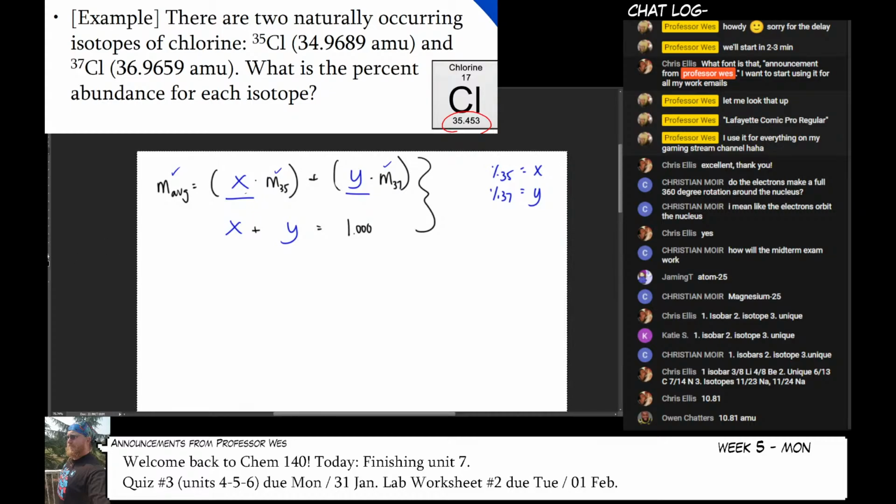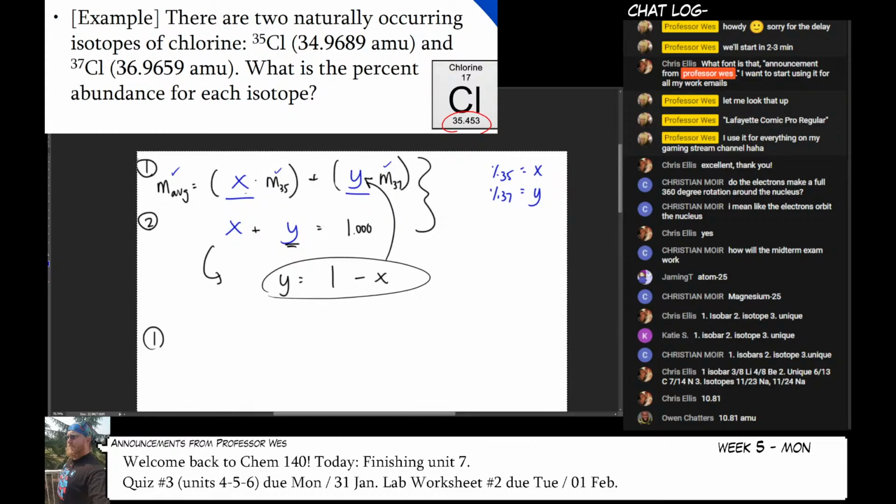And so here's what's going to happen. I'm going to call this equation 1, and this is equation 2. And I'm going to solve equation 2 for y. So this is going to become y equals 1 minus x. That's easy enough, right? And then every place I see a y, I'm going to put in 1 minus x there.